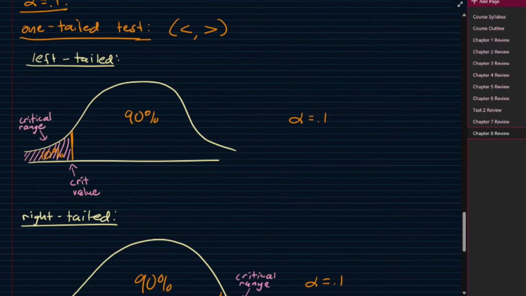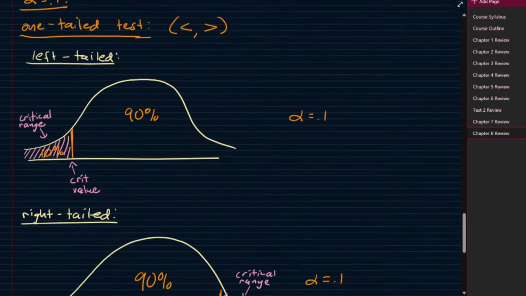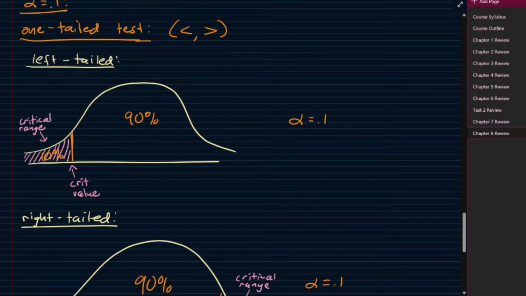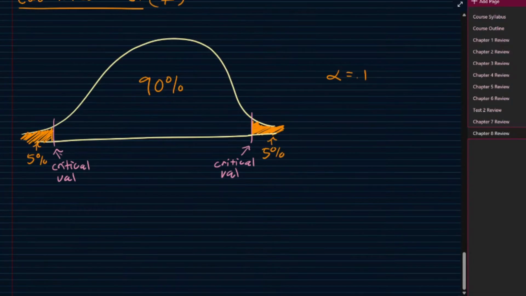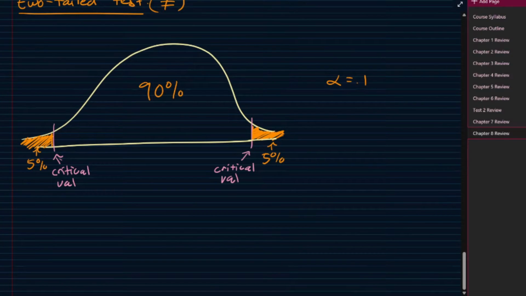And so if we have our alpha, then depending on if it's a one-tailed test or a two-tailed test, we find our critical value by drawing a picture. It really helps. I can't stress it enough. Draw the picture to come up with the critical value and the critical range in this step.